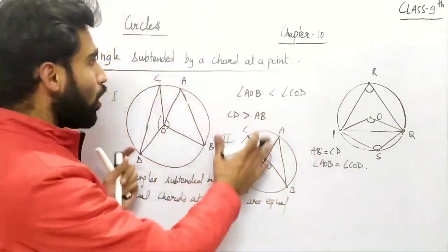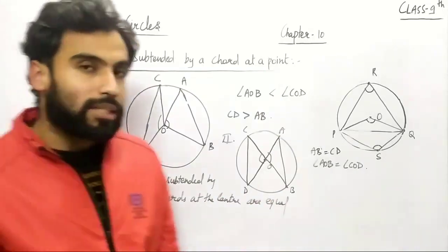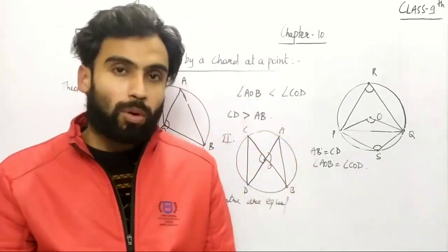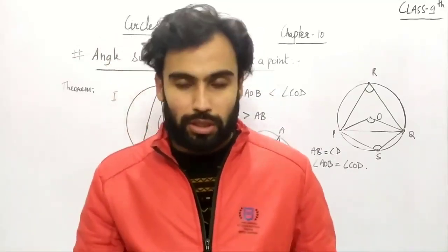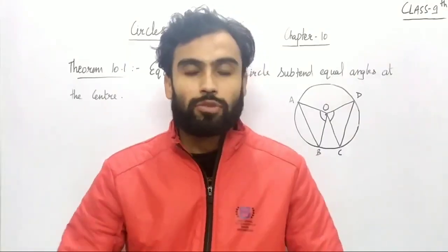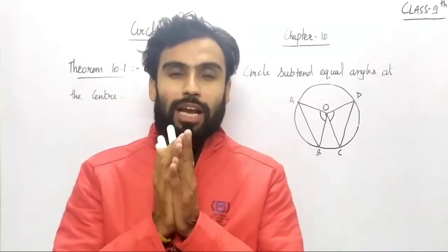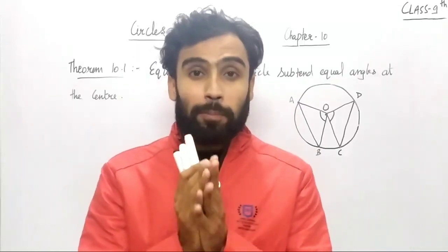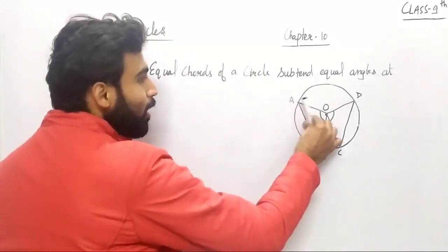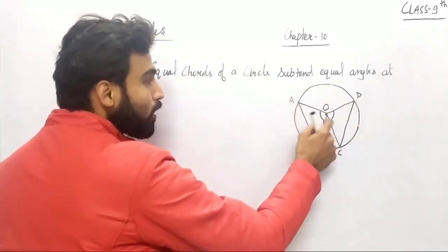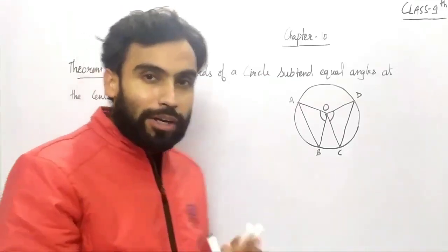So that was all about the angles subtended by a chord at any point and also at the center of the circle. So students, now I am going to show you the theorem and prove that the angles subtended by equal chords at the center are equal, right?